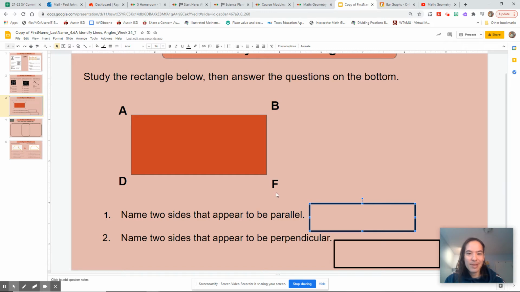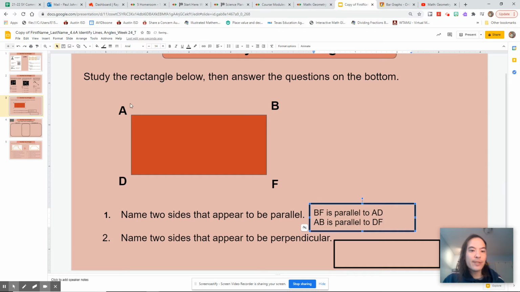BF is parallel with AD. So if you wanted to write BF is parallel to AD, or you could have said that the line AB is parallel to DF. AB is parallel to DF.